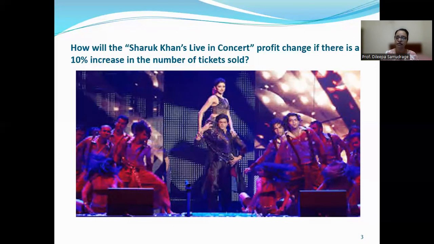That means another 100 you have to print and sell. So what is the impact on profit, or what is the change of profit if there is an increase in the number of tickets sold? That could be answered through CVP analysis. That is another instance, right?